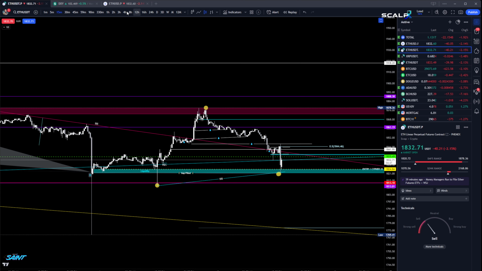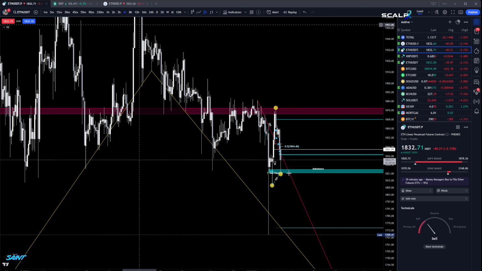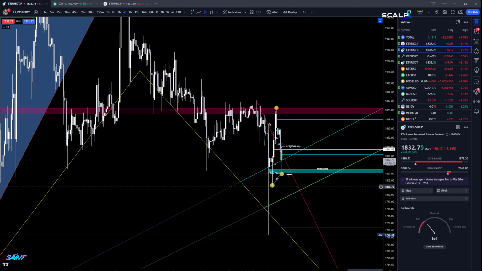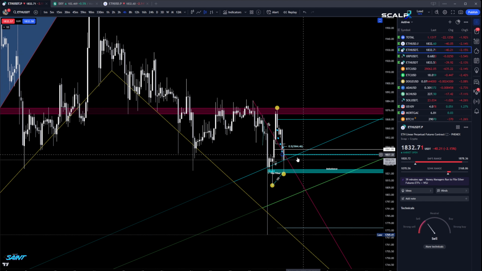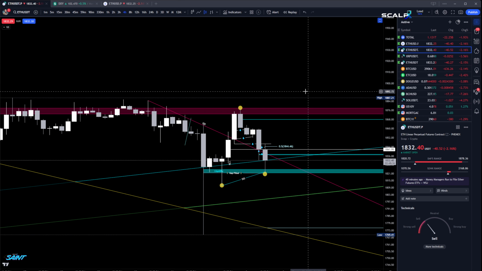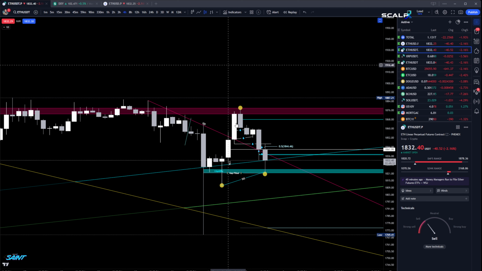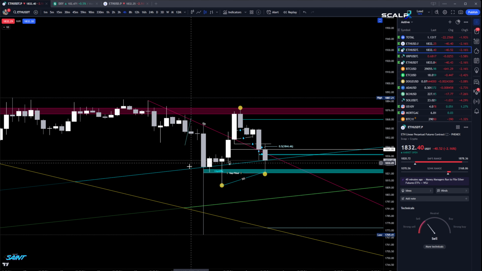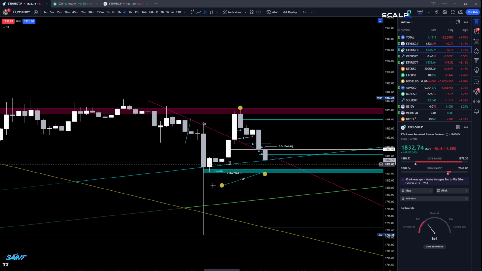Let's see what 4 hour looks like real quick. See, it's done that yesterday. You look at higher time frames, it pushed against this support line, pushed out of it, but it keeps recovering back into it.